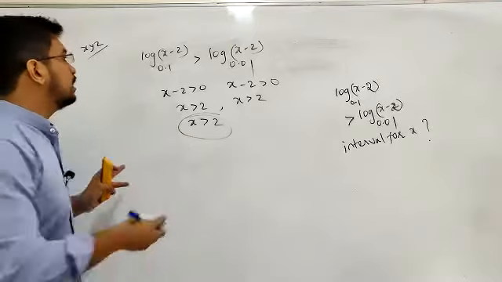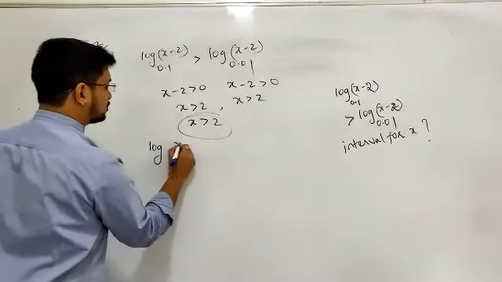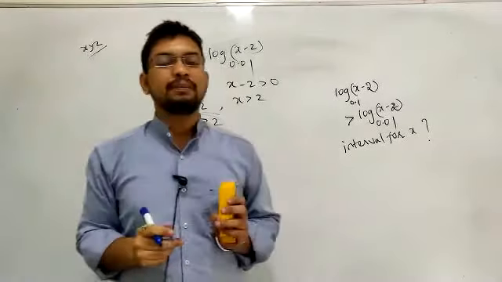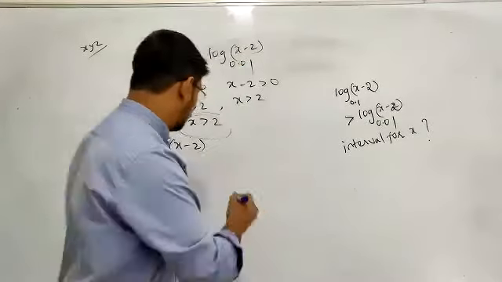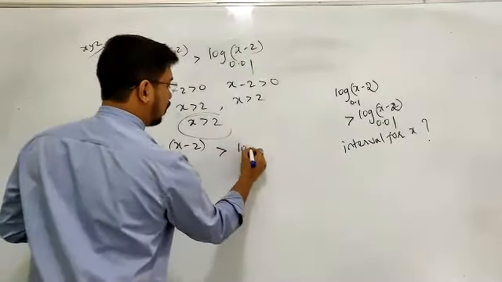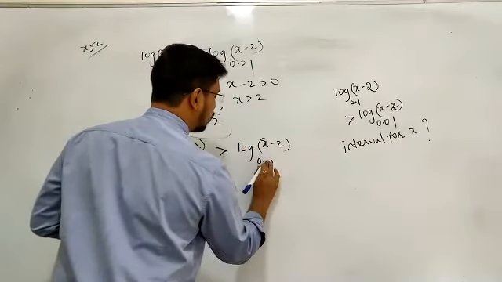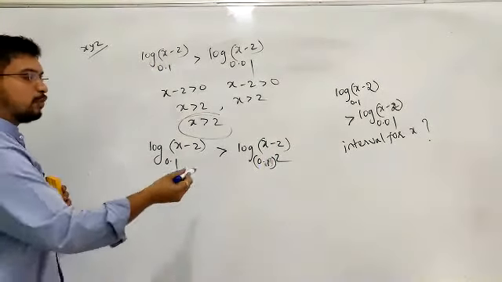This is the domain. Now to compare, I have to make the bases the same. I'll write 0.01 as 0.1 whole square.